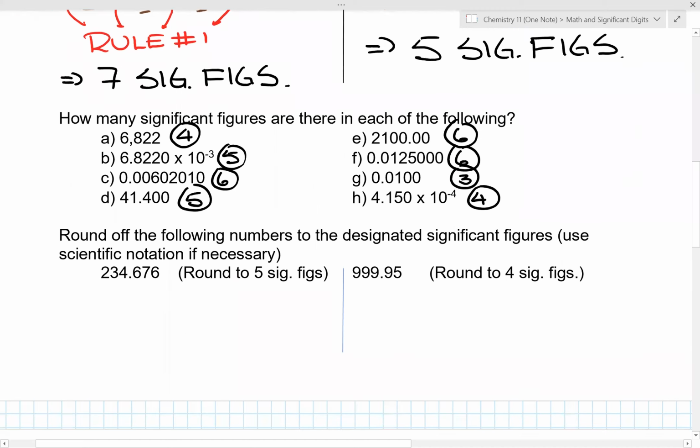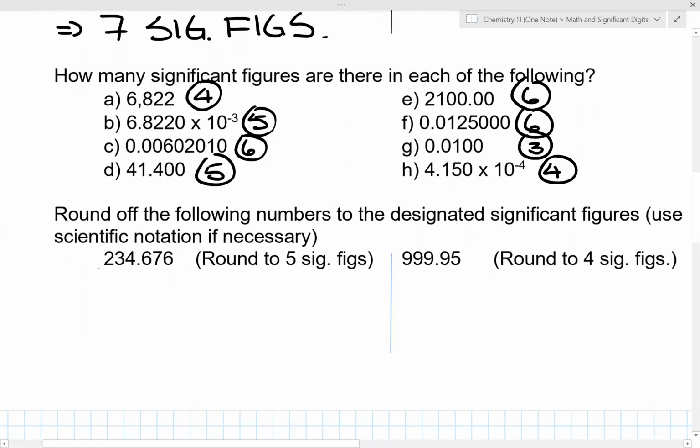So when we round off, okay, round off the following numbers to the designated sig figs, and we use scientific notation if necessary. For example, let's say we round off to 5 sig figs. So let's say you have 234.676.